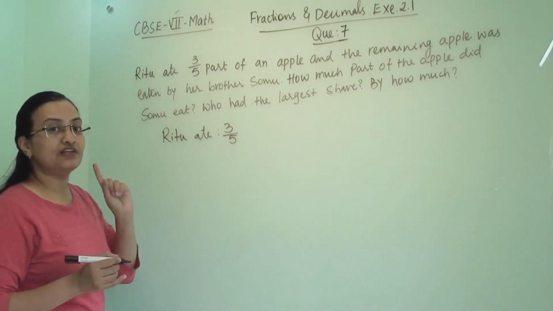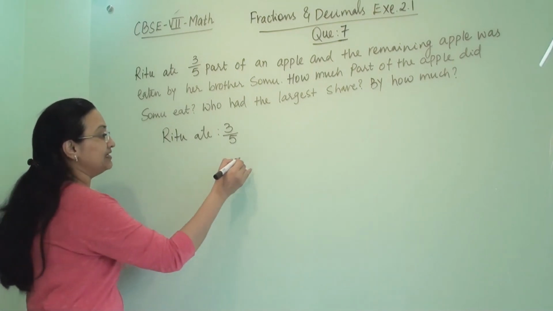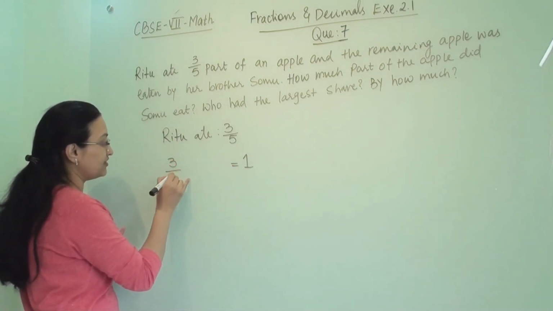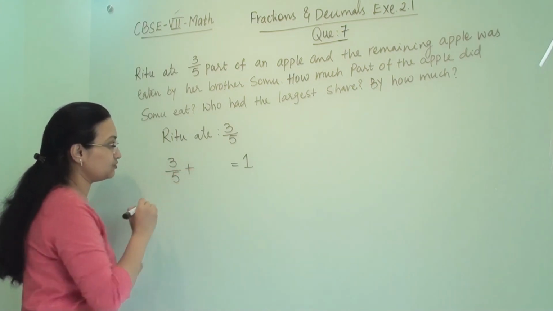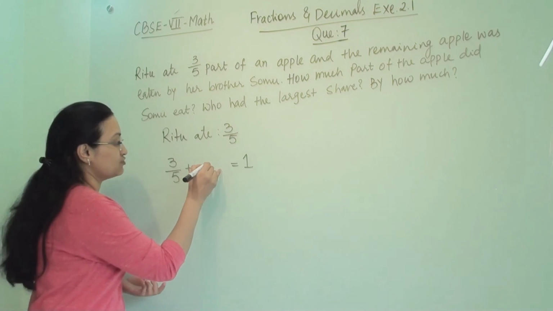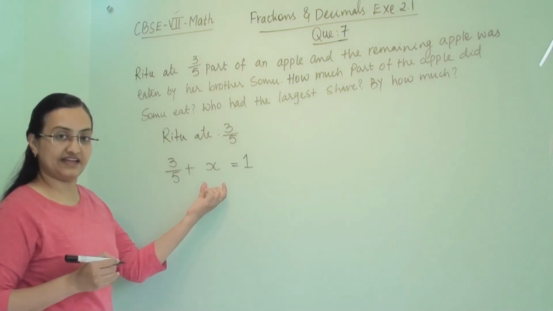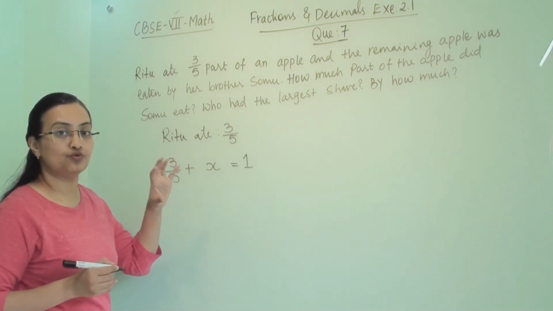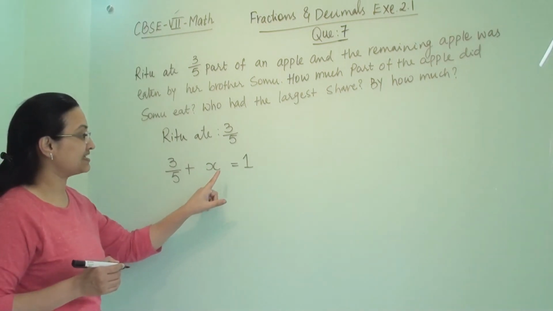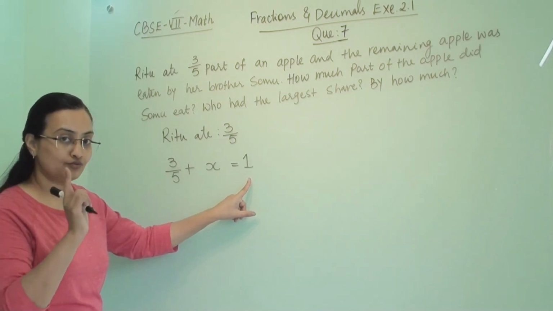So if we guess that the full apple is 1, then 3 by 5 is already eaten by Ritu. Now we don't know how much Somu ate, so we are keeping x in place of Somu's portion. So 3 by 5 plus x will be equal to 1 full apple.